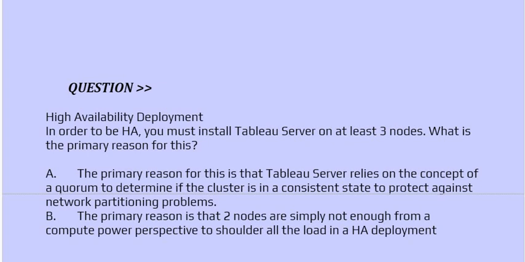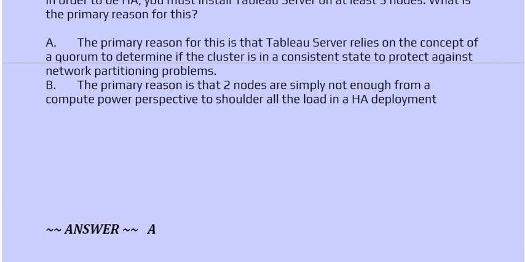Option B. The primary reason is that 2 nodes are simply not enough from a compute power perspective to shoulder all the load in a HA deployment. Correct answer is option A.